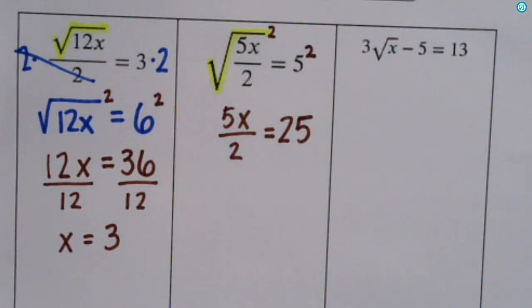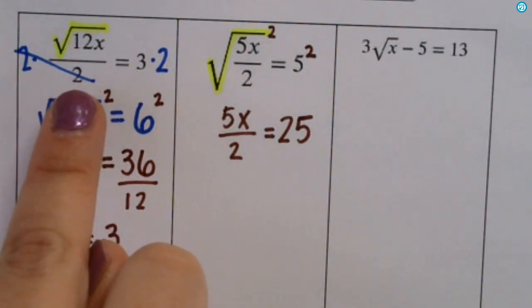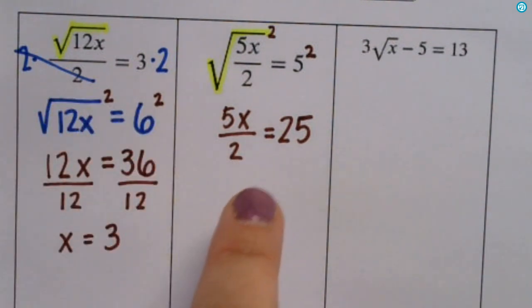Okay, so the difference between the first one we did and this one is that in the first one, the divided by 2 was outside the square root. This one, the divided by 2 was inside the square root. From here, we just need to finish solving this. We're going to get rid of the dividing by 2. We can do that by multiplying both sides by 2.